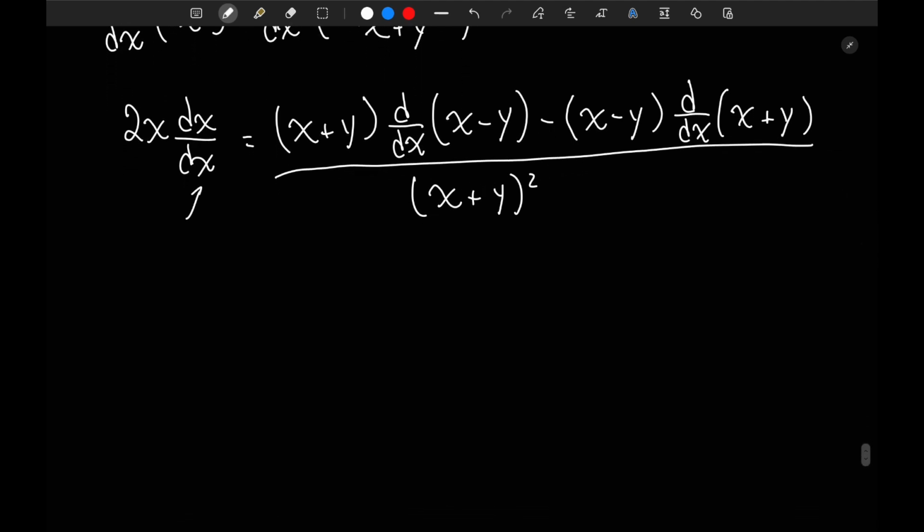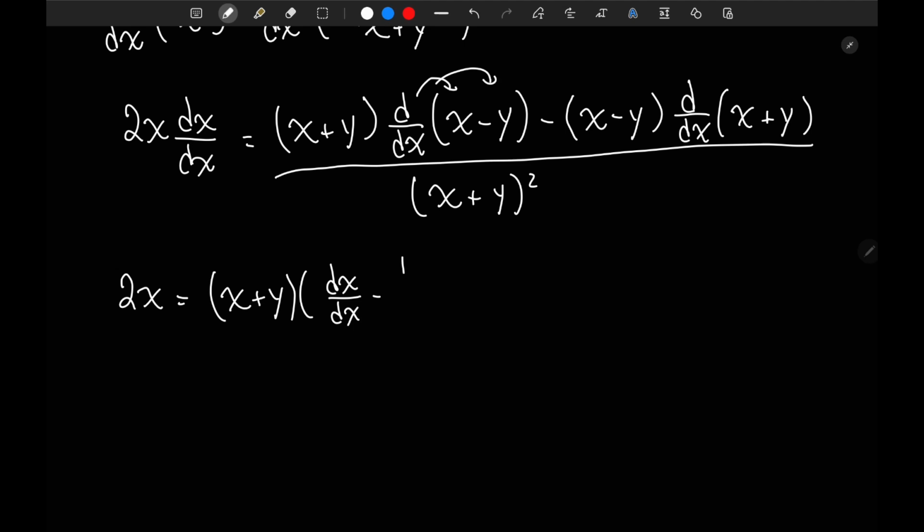So on the left, our dx dx simplifies to 1. We will have 2x. Then starting on the right here, x plus y. Then our derivative of x with respect to x is going to give us dx by dx minus the derivative of y with respect to x, dy by dx.